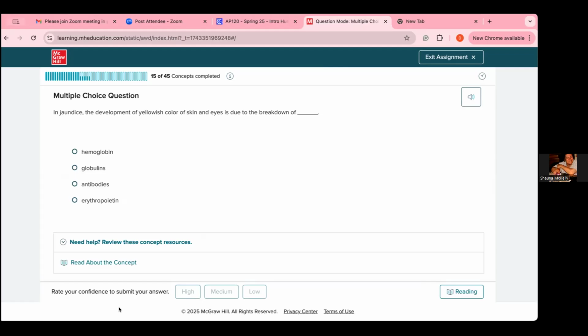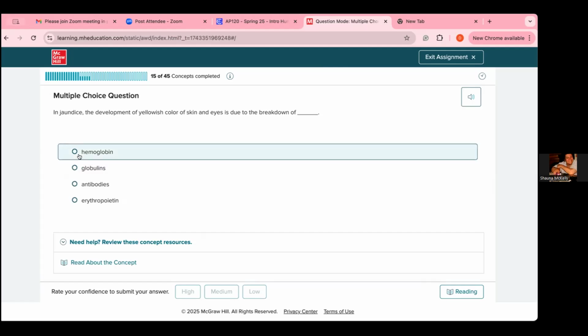Hemoglobin. B, globulins. C, antibodies. D... I'm going to learn to spell that yet. Hemoglobin. Jaundice, yeah, so the answer there is hemoglobin.